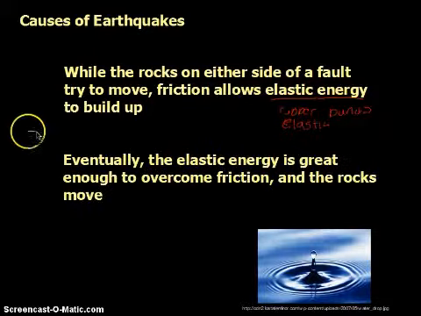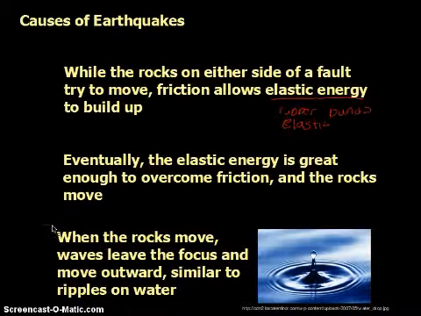And eventually the elastic energy is great enough to overcome the friction and the rocks move, or they slip. It's kind of like when you press your hands together really hard and you try to move one, and you can feel the pressure, but eventually it will slip. And that's basically what happens when you have an earthquake.